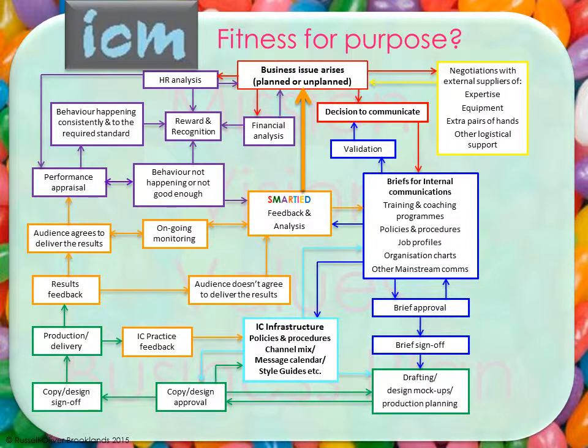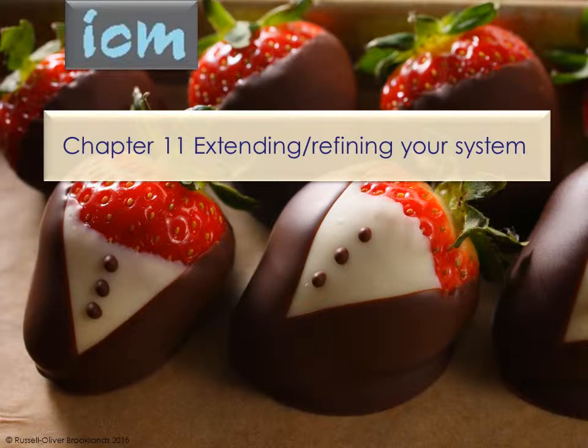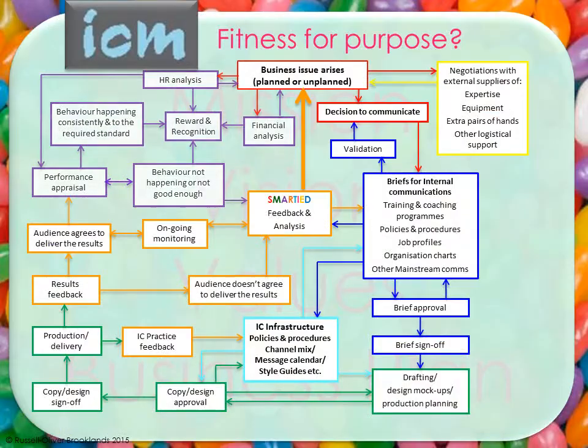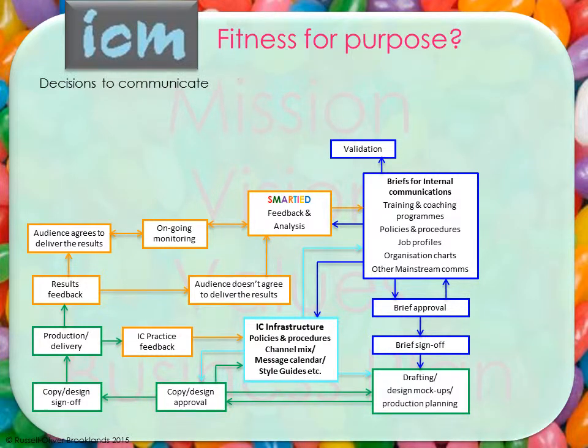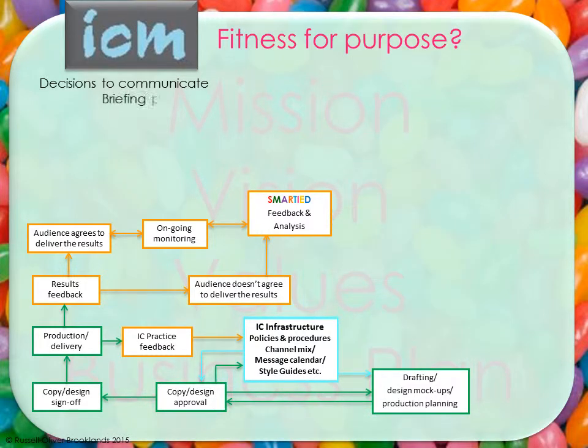Crucially, of course, fit-for-purpose practices are not just about having all these component parts in place, but ensuring that each of them is itself demonstrably fit for purpose. So let's just clarify what the specific practices need to be. Leaving aside the HR and finance roles, we can see that we need to start with the client's decisions to communicate. We also need a robust and complete briefing process.